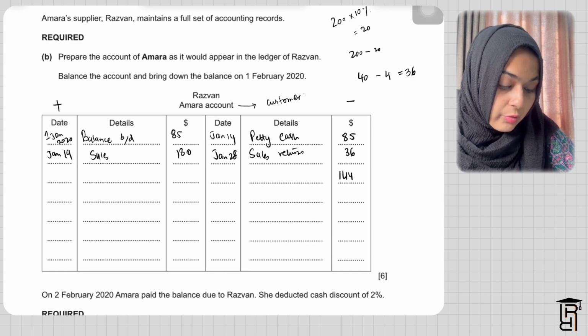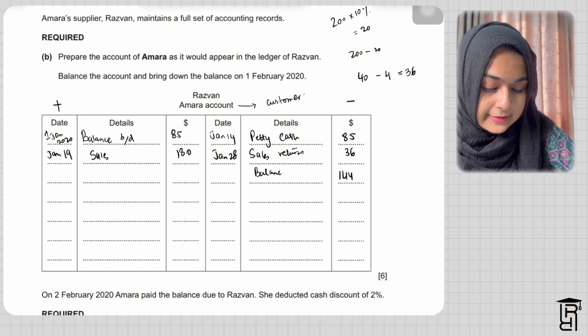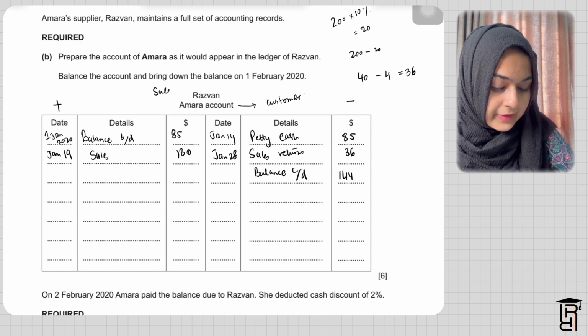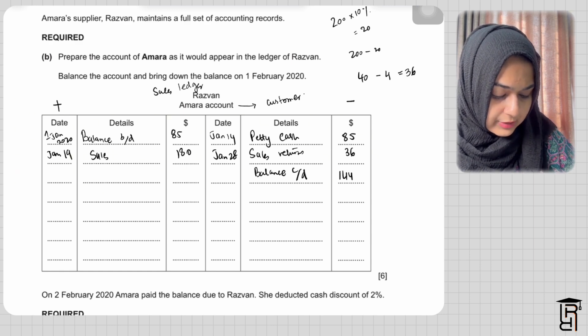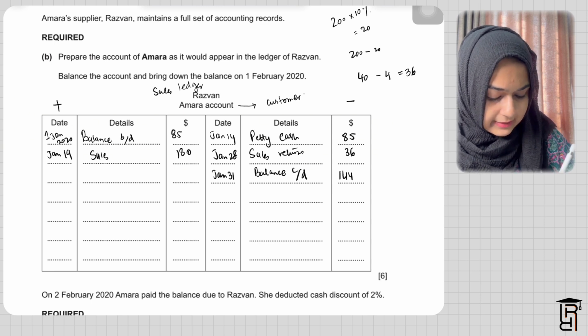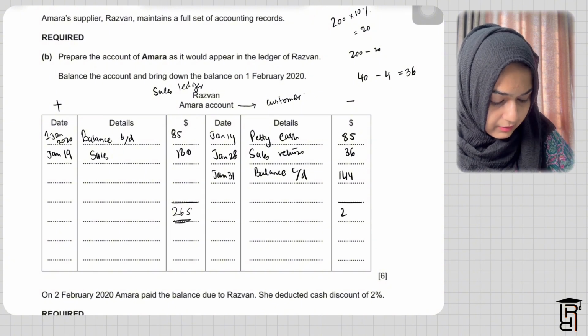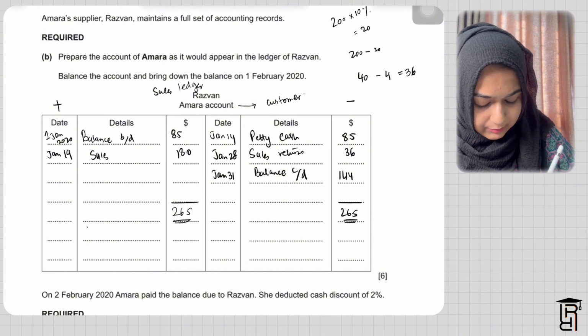This account is going to be maintained in the sales ledger of Razvan because Amara is a customer. I'll write here January 31 and this account will balance at $265. $265 will be our total. Balance carried down will become our balance brought down, $144. This will be 1st February 2020.